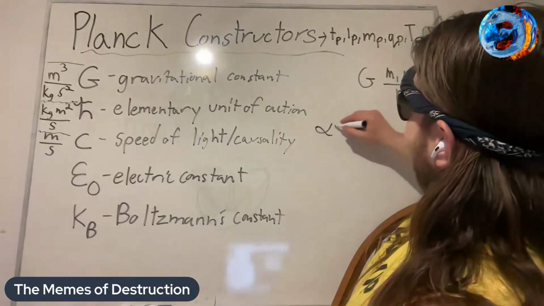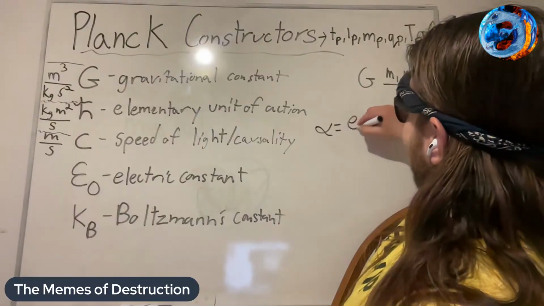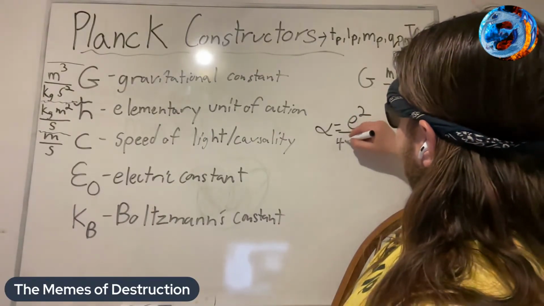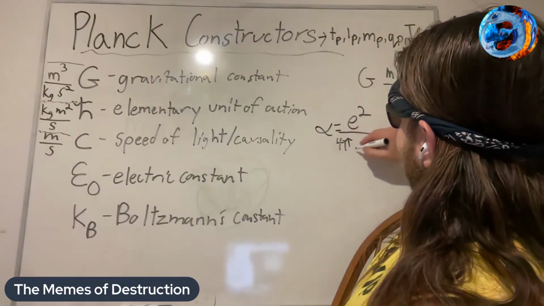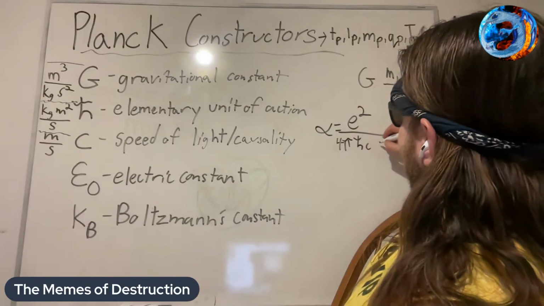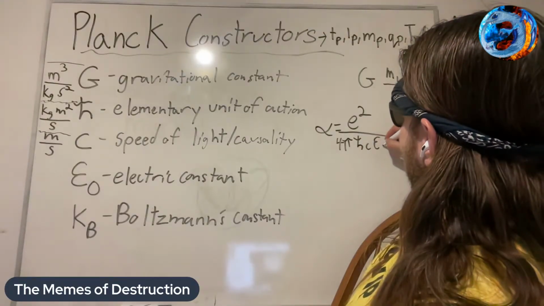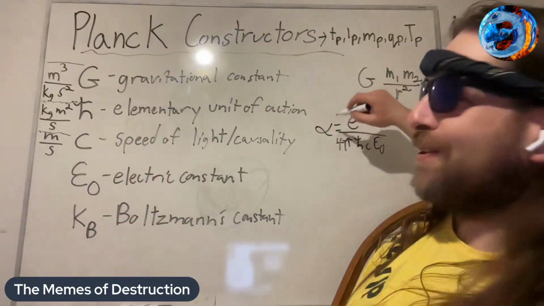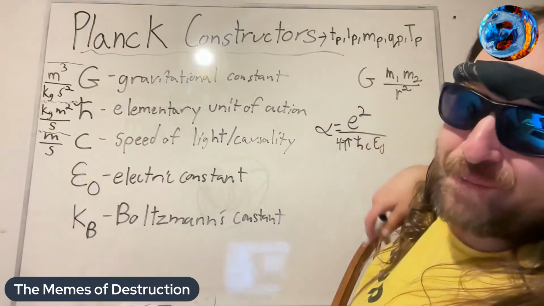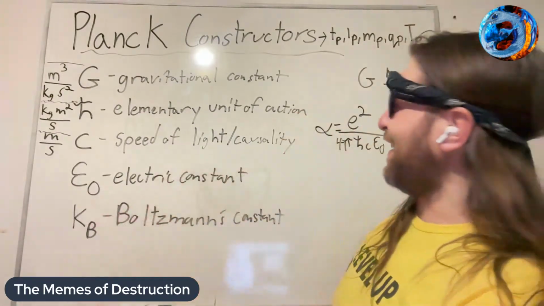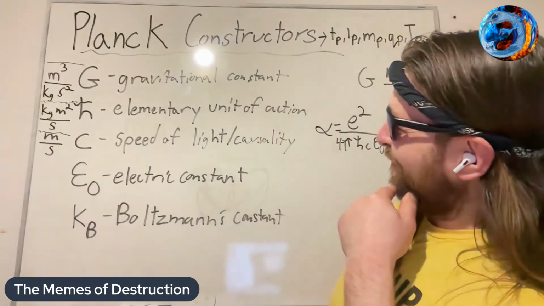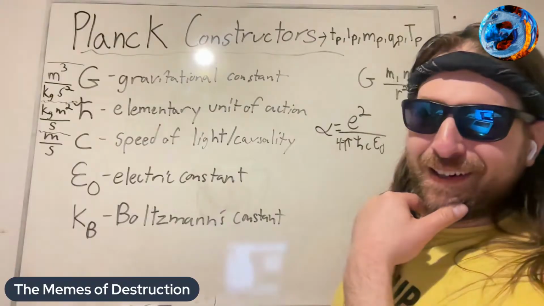Alpha is defined as the elementary charge of an electron or proton squared over 4 pi h bar c epsilon naught. Okay. So this is the fine structure constant. Now, this is a dimensionless number. It's very important. It pops up everywhere. Now, the interesting thing is it is a dimensionless number.